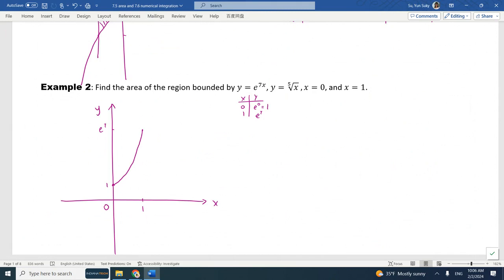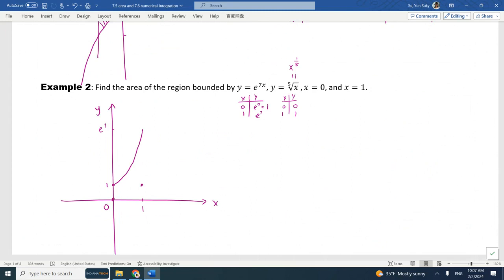And the other function, fifth root of x. That's x to the what power? 1/5. Yes. If we plug in 0, what happened? What's 0 to the 1/5? 0, right? And what is 1 to the 1/5? It's 1, right? 1 to whatever power is 1. So at 0 it's 0.